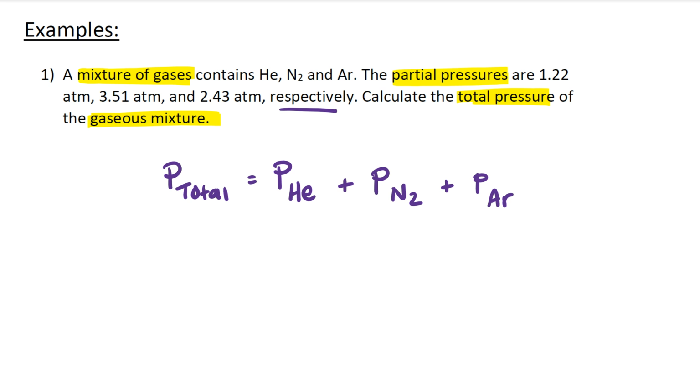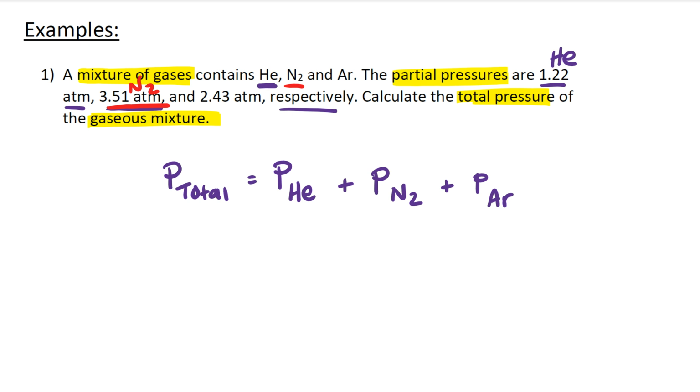Some of us might not be aware of what that terminology means. What it means when they write it respectively is that this 1.22 atm, since it's the first pressure listed, corresponds to the first gas listed in our problem. So it's 1.22, that is for helium. And so the second pressure listed, that's for the second gas in your mixture. So that's going to be your nitrogen.